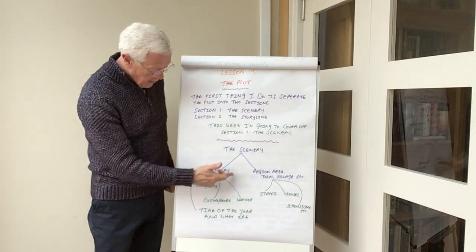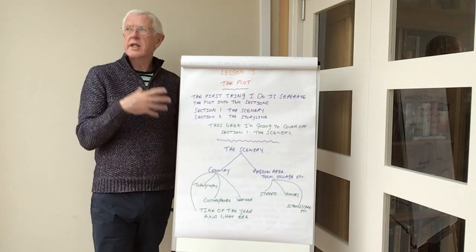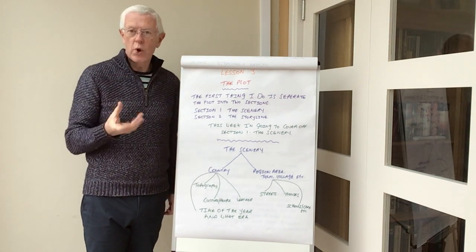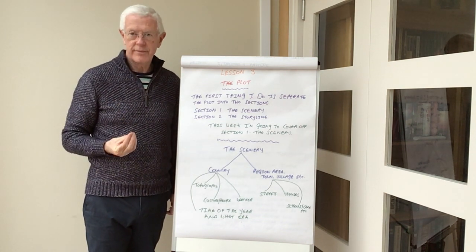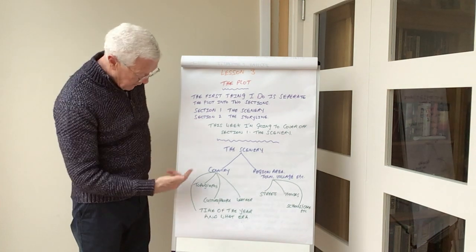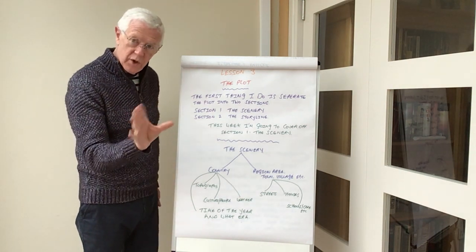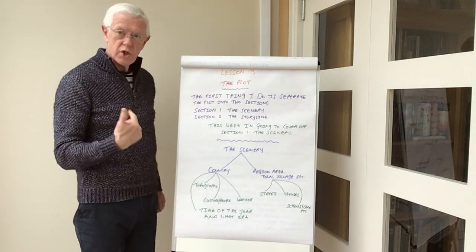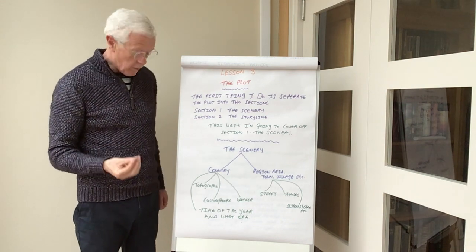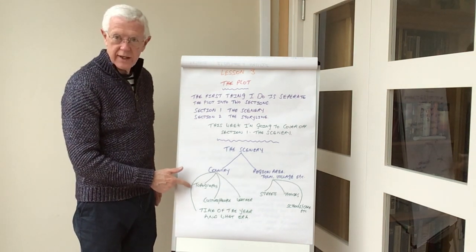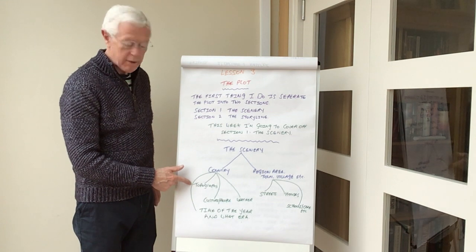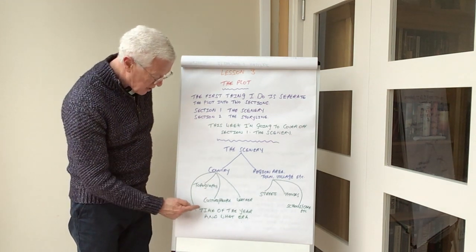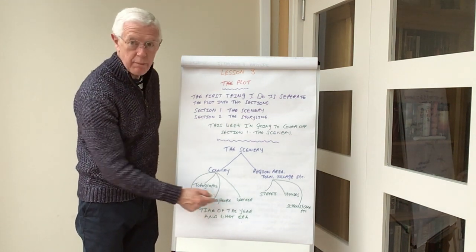So, under the section country, you can decide which country you're going to put your character in. And when you've decided which country, then you've got to go and have a look to see what the topography is like in that country. And you'll see why in a minute. And you've got to go and have a look at the culture and the people of that country.